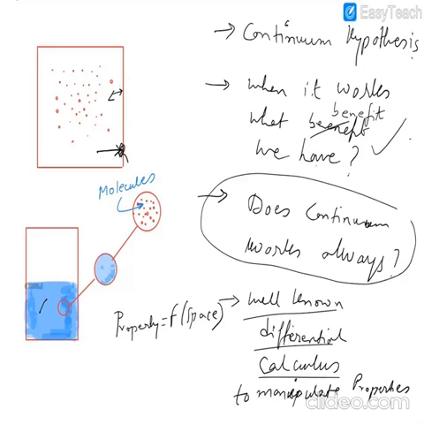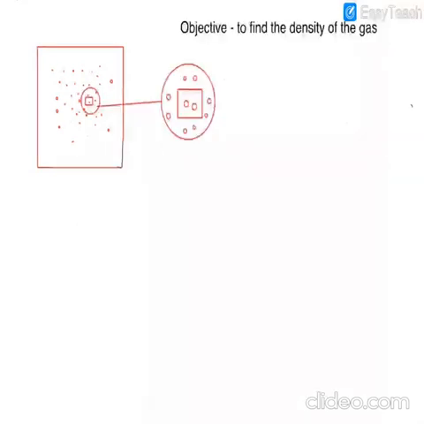And to answer this, we would like to find some important property of a fluid, that is density. Now our objective will be to find the density of the gas. How can we define density of gas? Suppose we define density as the mass by volume. Now these molecules each have a mass, and if you are trying to find the density, it will be n, the number of molecules, times the mass of each molecule, divided by the volume over which the molecules are present.